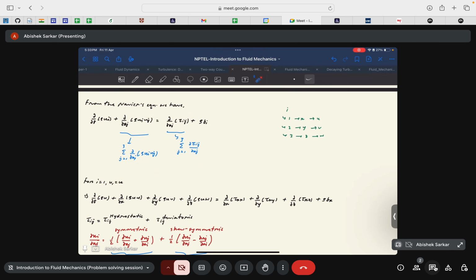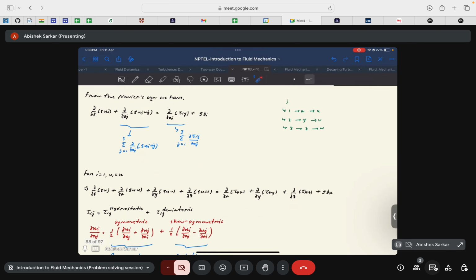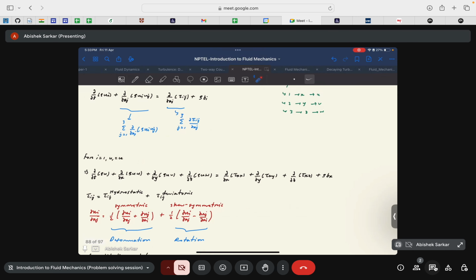So that's what we have done here: dou by dou x of tau xx plus dou by dou y of tau xy plus dou by dou z of tau xz. You can see the second terms are varying together, plus rho bx, that is the body force term. It's just the simple source term. So this is how we can write Navier's equation or dissociate it into its respective components.